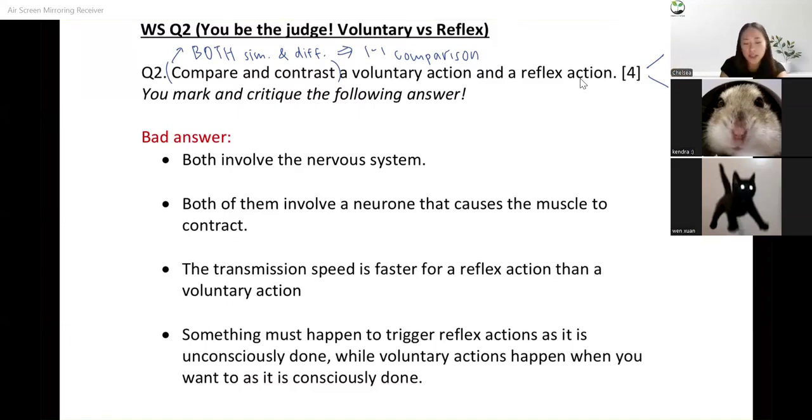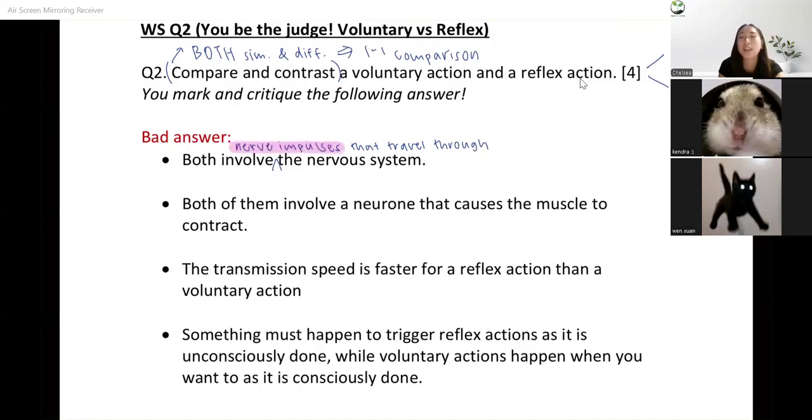So how would I make this better? Over here, I would write both involve nerve impulses that travel through the nervous system. Why did I write this?